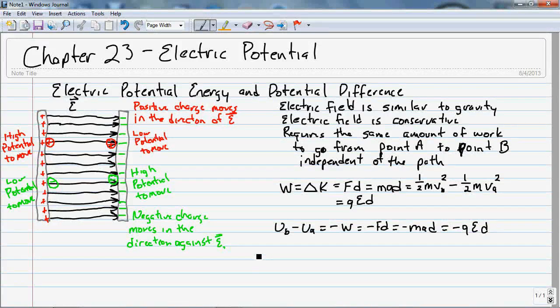Now remember, potential is a scalar, not a vector.